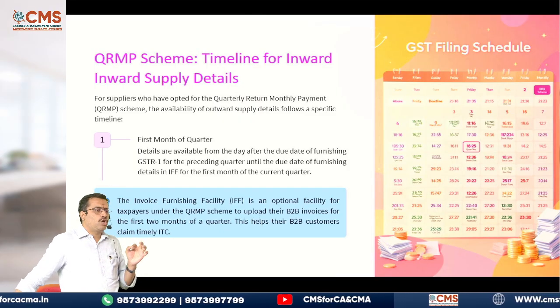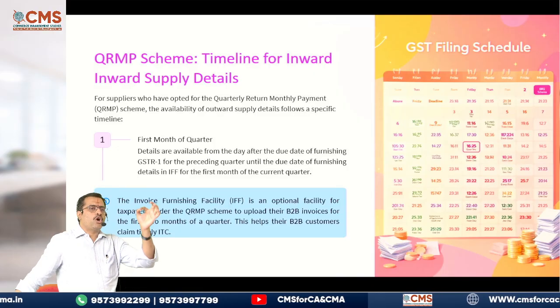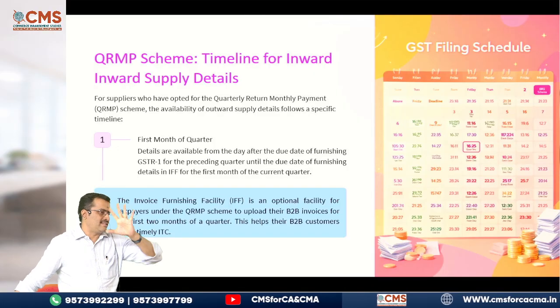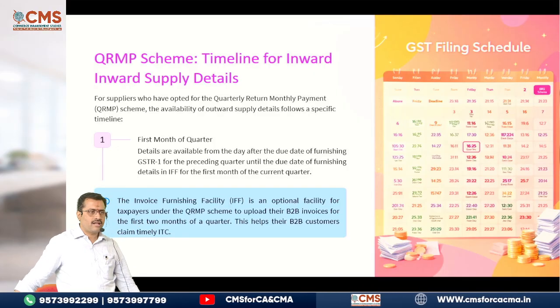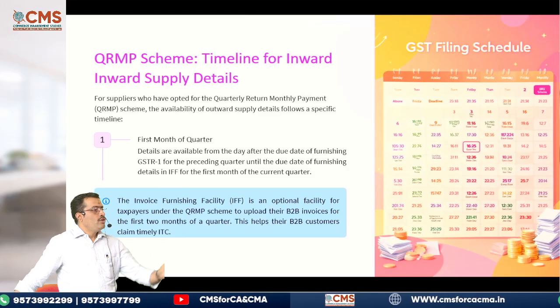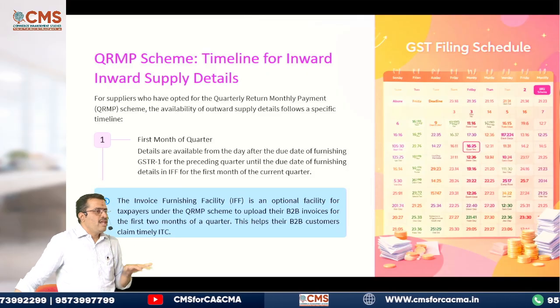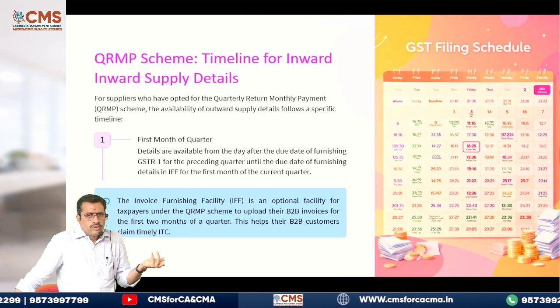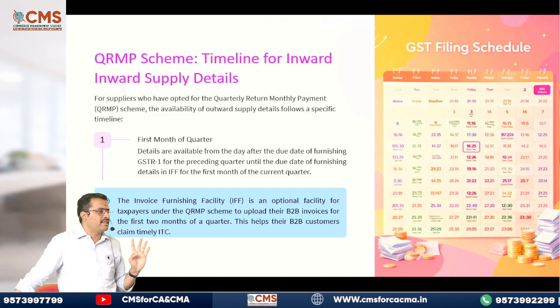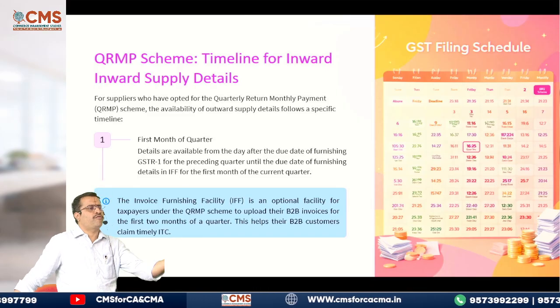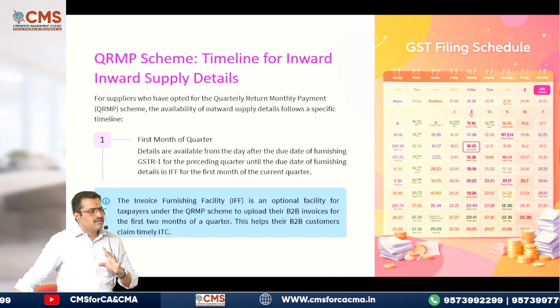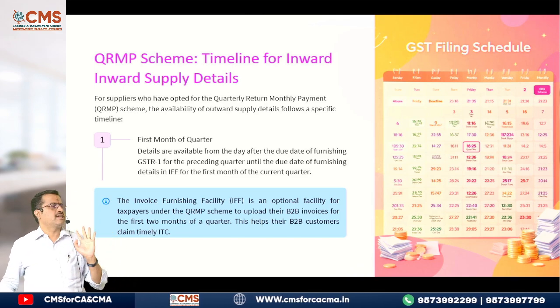If you want to give input credit to your suppliers on a monthly basis, recipients on a monthly basis, you file IFF. If you don't want to give any credit to them on a monthly basis, you want to give on a quarterly basis, don't file IFF, directly go and file GSTR number 1. That is the logic here.